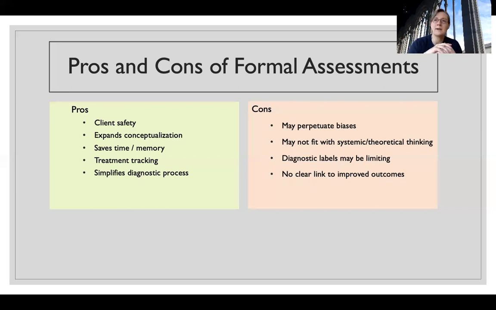Are they getting better? So if you administer a Beck depression inventory, for example, at the beginning, and a lot of times, just because life is how it is, marriage and family therapists are going to be seeing individuals. So this might be with an individual that you're tracking their depression. It might be with somebody in a couple.